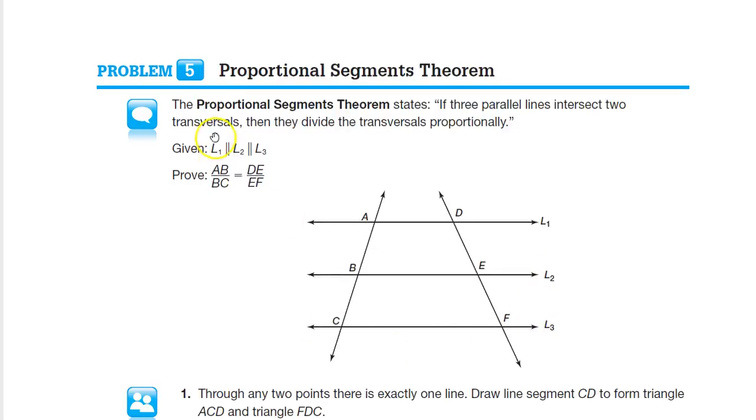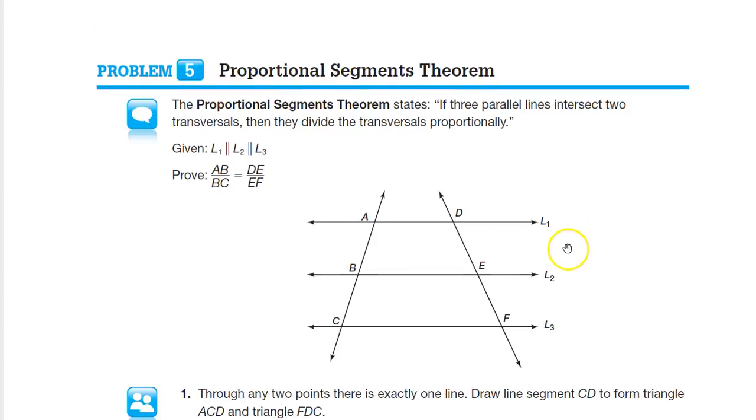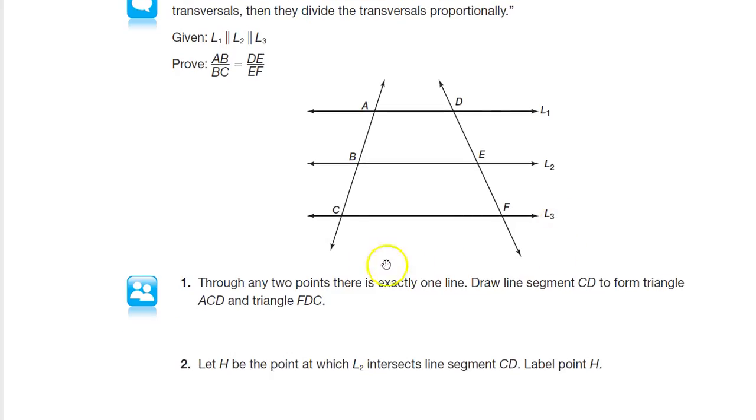All right, now we have the proportional segments theorem. Let me grab my little bit of notes here. It tells us to draw a line, so they want you to draw a line CD that goes through here, and label a point H right here that goes through L2.